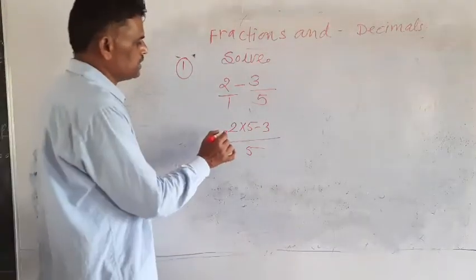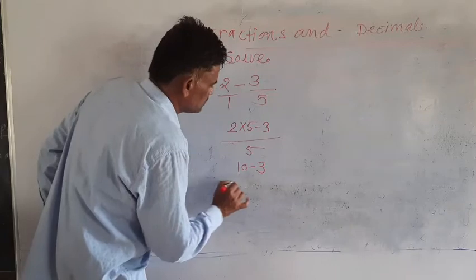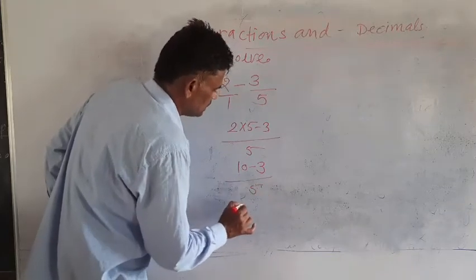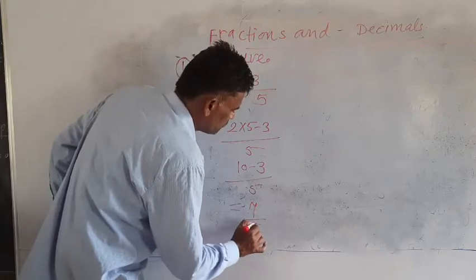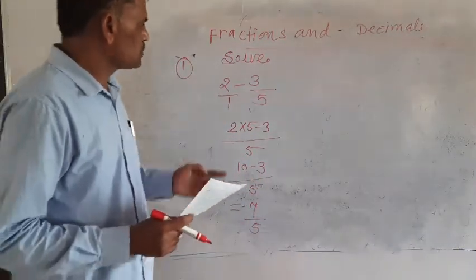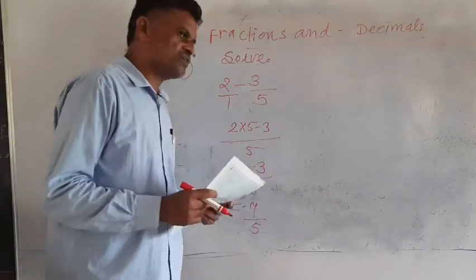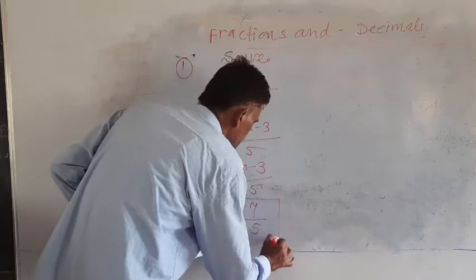Here you see 10 minus 3 upon 5, that is equal to 7 by 5. Dear students, the required answer is 7 by 5.